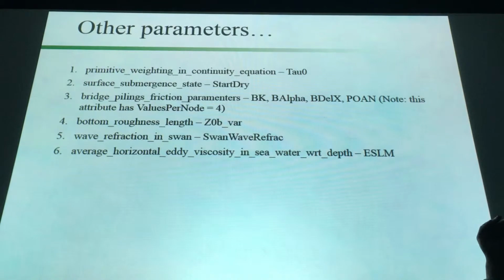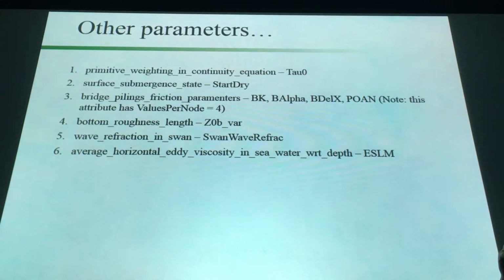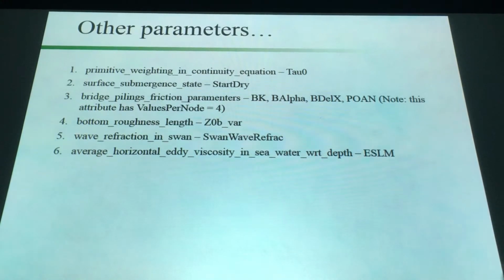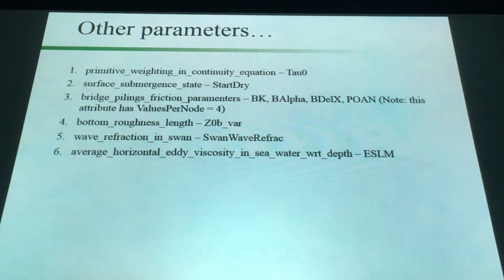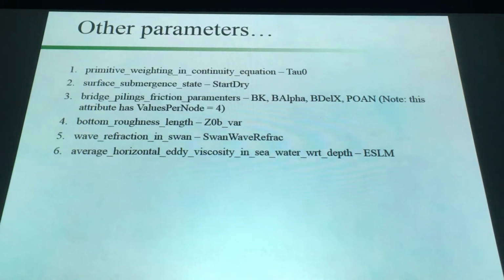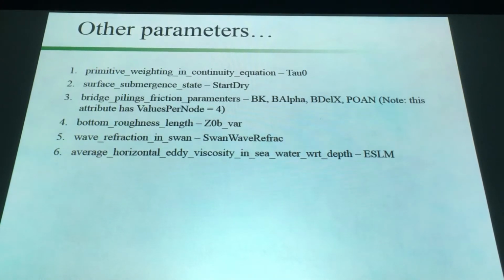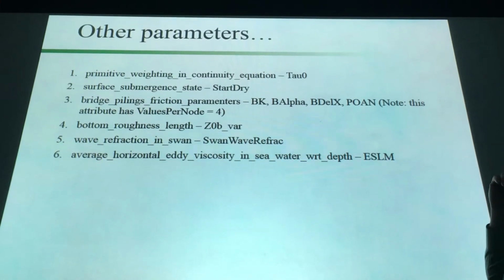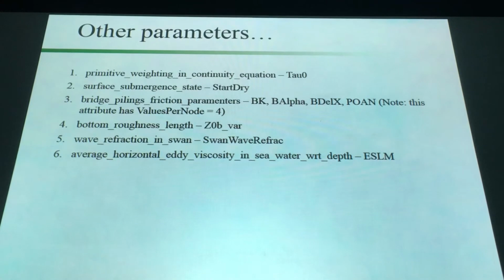Any mesh node that's below 0 is considered wet at the start of the simulation by default. But if you're in an area, let's say like Louisiana, where inland you have some negative slopes but no connection to the surge, you might want to say, you know what, I want those to be dry at start. Because even though they're below 0, the surge never got there yet. You can do that with this parameter. Which was start dry? Yeah.